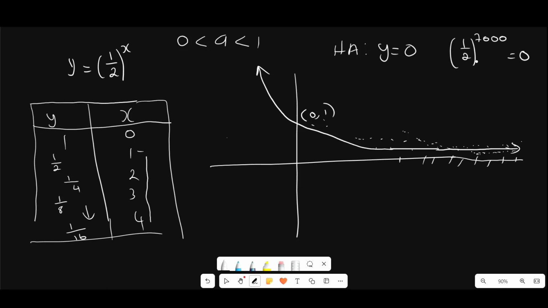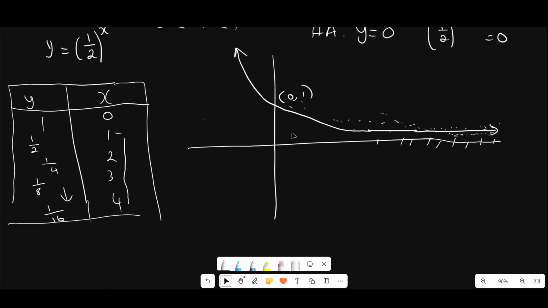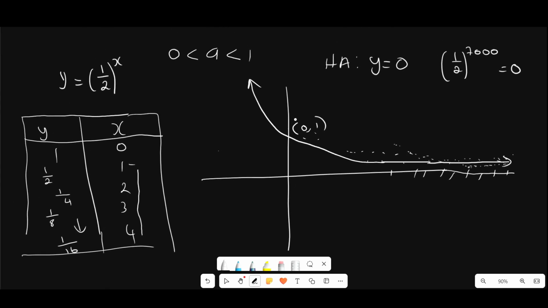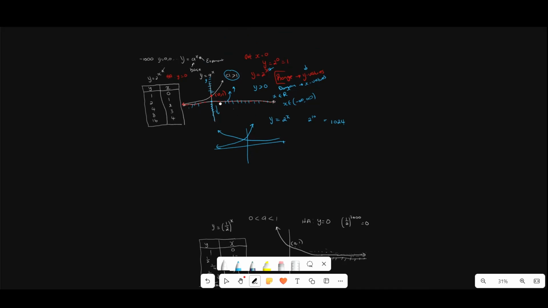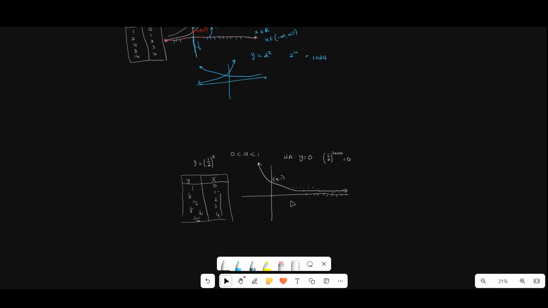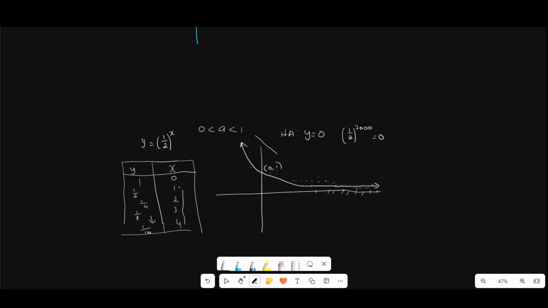Because you're using a calculator, it cannot produce all the zeros, it will just round off your answer to 0. I hope that makes sense. So basically the difference between these two is that the first one is an increasing function because from left to right it is increasing, and this one from left to right is decreasing, so it will be a decreasing function. I hope that you understand this.